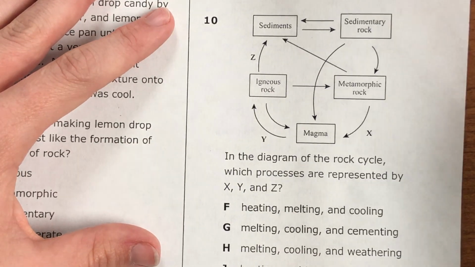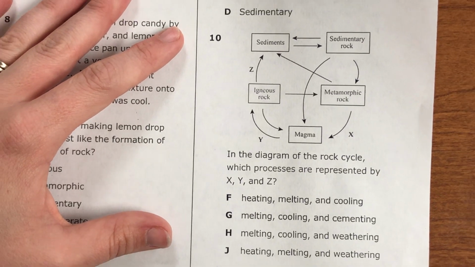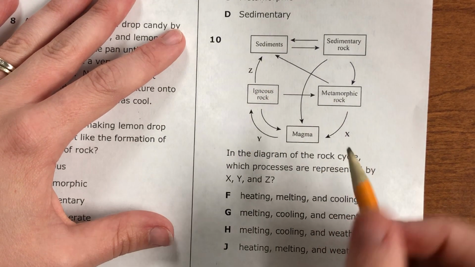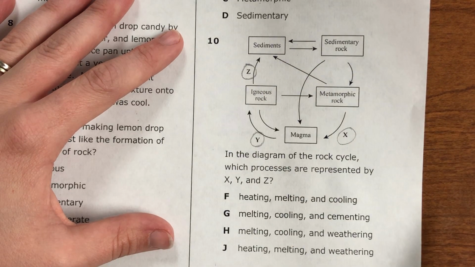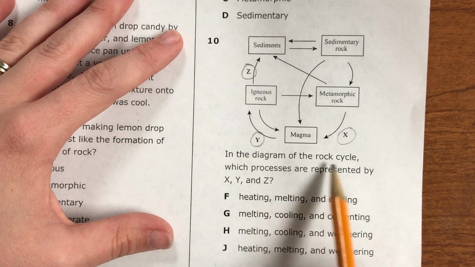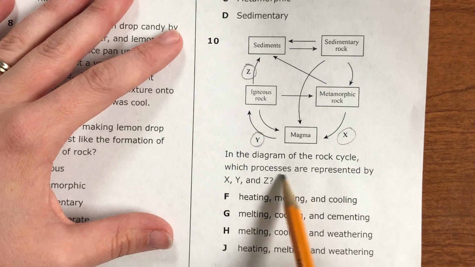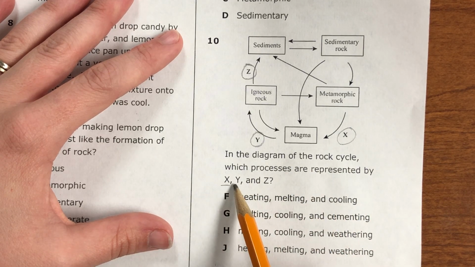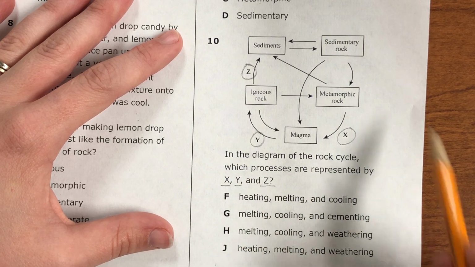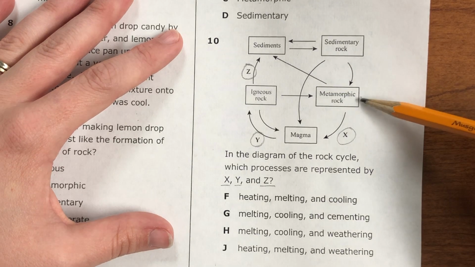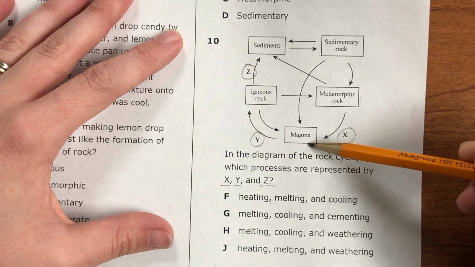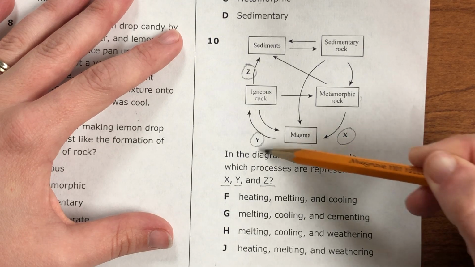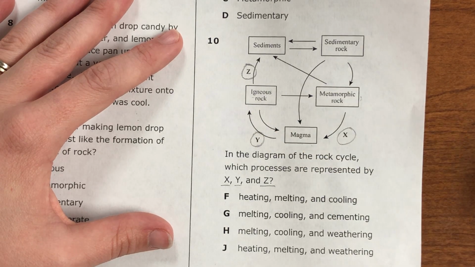Number 10 gives us a chart here, and we see X, Y, and Z. It says, in the diagram of the rock cycle, which processes are represented by X, Y, and Z? So X says metamorphic changes into magma. Y says magma changes into igneous rock.